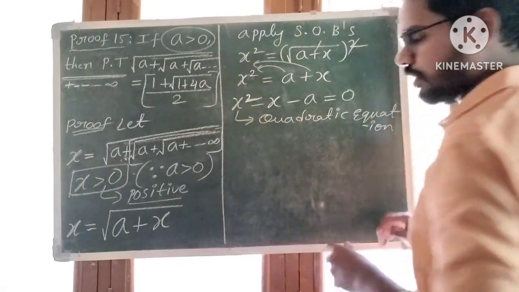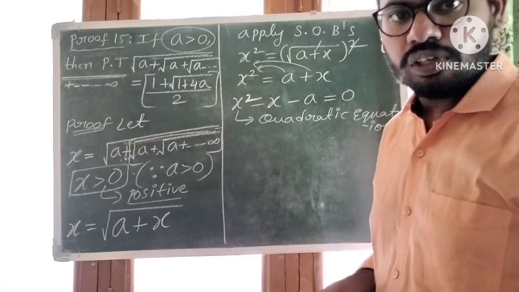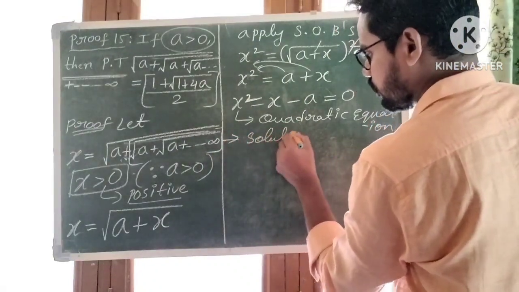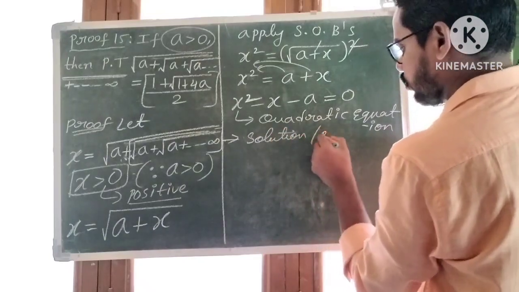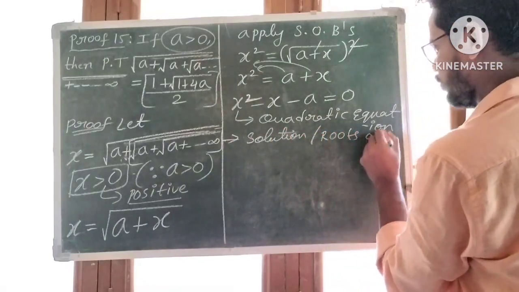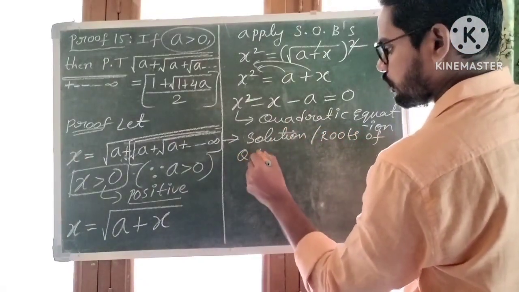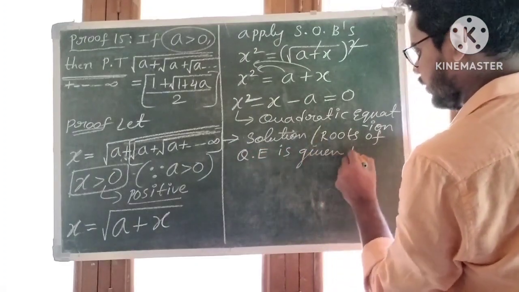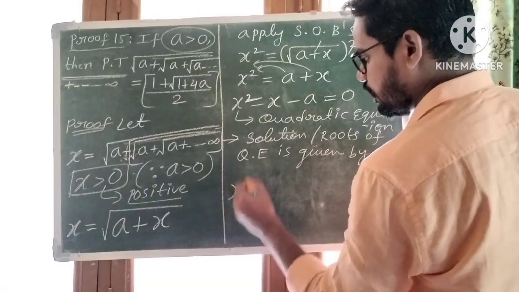So this is a quadratic equation, and the solution or roots of a quadratic equation, QE means quadratic equation, is given by Sridhar Acharya formula. Here the variable is x.